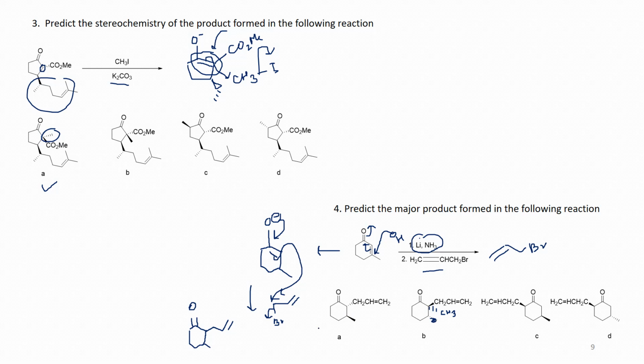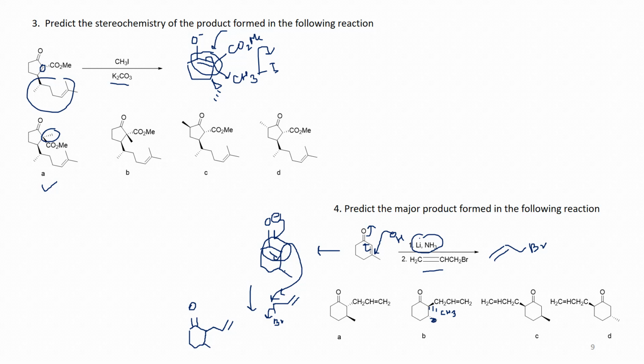This is now planar, so whenever it approaches the electrophile, it will try to keep the electrophile in the opposite plane of the adjacent group, because you already have something there.